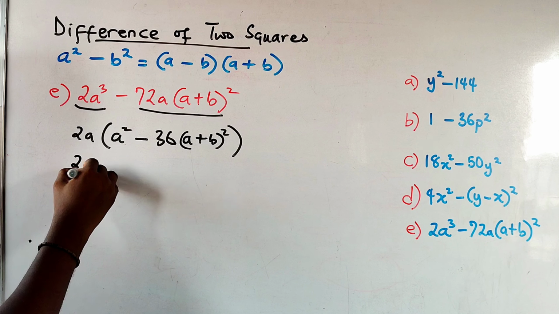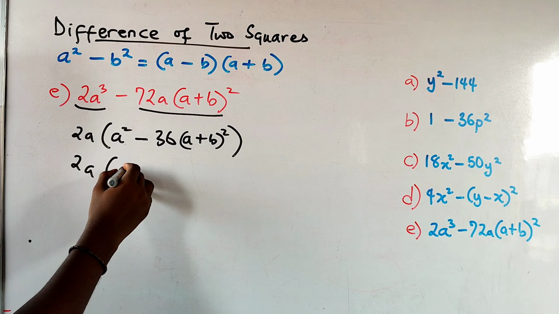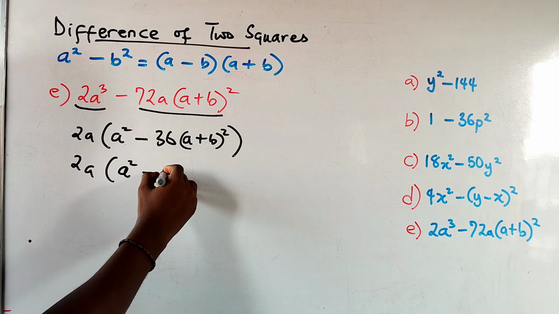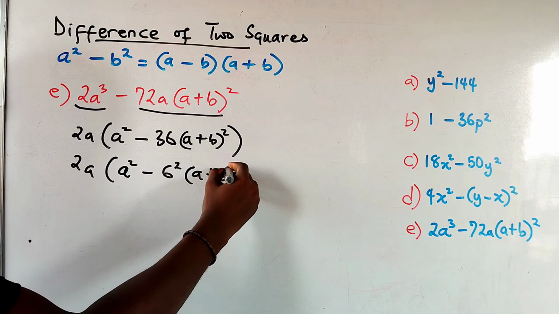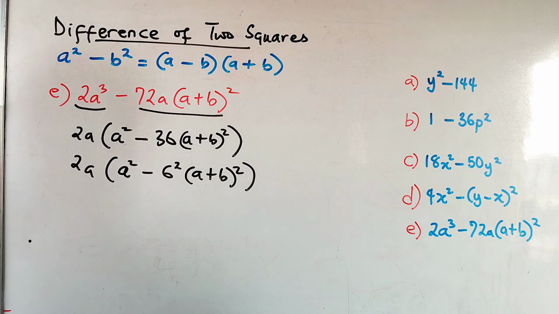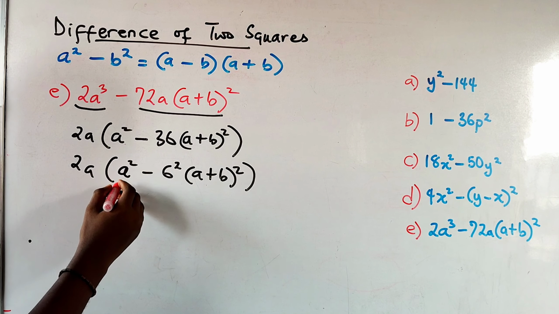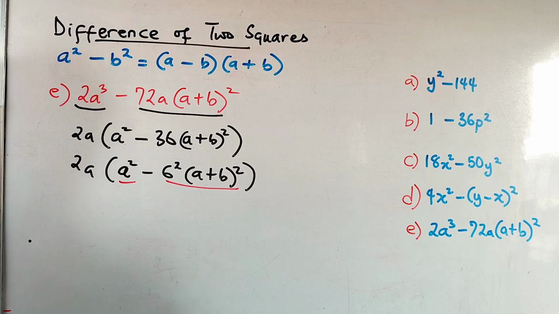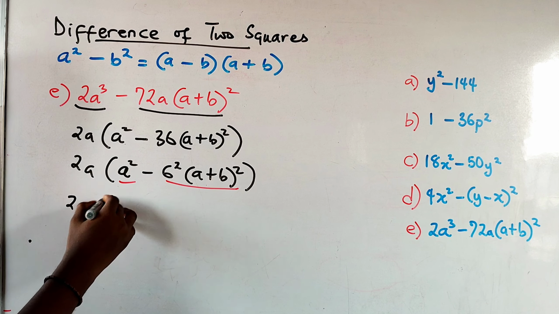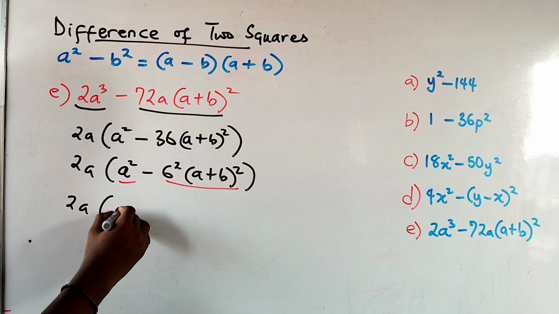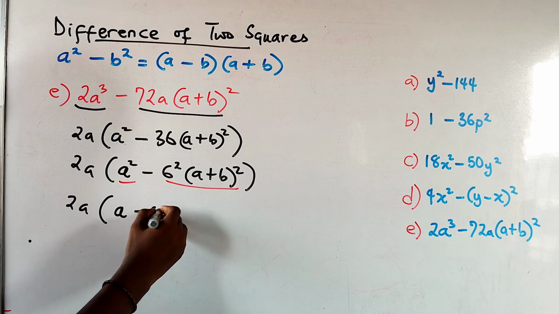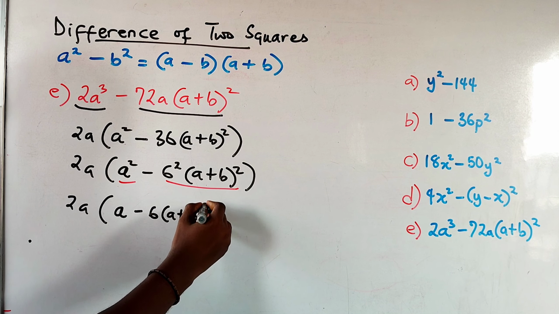So this is a squared, which is already squared. Okay, so I'm good here. This is 6 squared. This is (a plus b) all squared. So you can see that on both sides of the minus sign I have squares. So I can apply my difference of two squares concept. So 2a here, and I'll have (a minus 6(a plus b)).